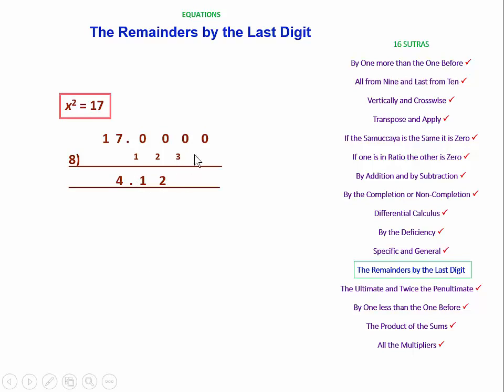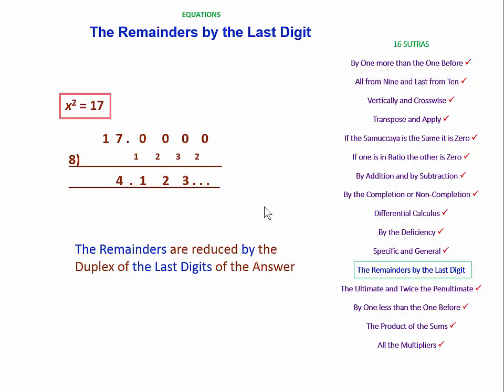So the remainders are always reduced by the last digits being the ones after the 4. That's the sutra here, the remainders by the last digit. So subtracting the duplex there, which is 4, from the 30, we get 26, and 8 into 26 is 3 remainder 2. The remainders are reduced by the duplex of the last digits.